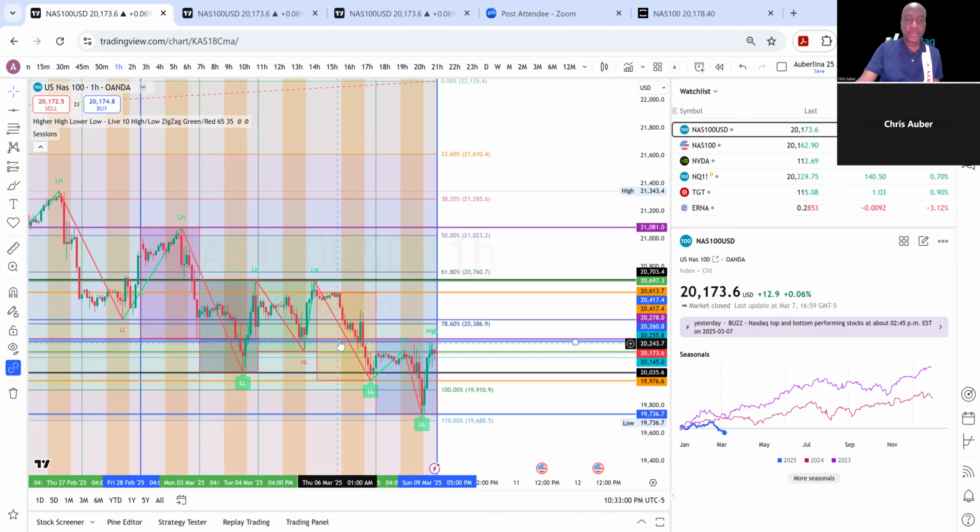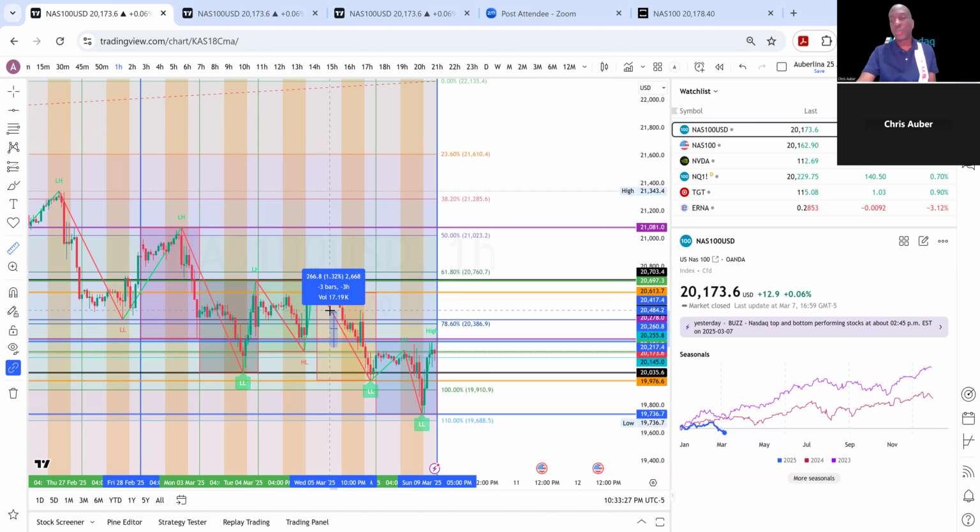Here, came in early because the higher low was here, but you came up to this point right here, you'd have gotten your 2,500 pips based on your entry. So if you took your entry here, oh, sorry, wrong side. If you took your entry here all the way to here, you'd have been at 2,600. You need 2,500 pips. Take your profit and leave.